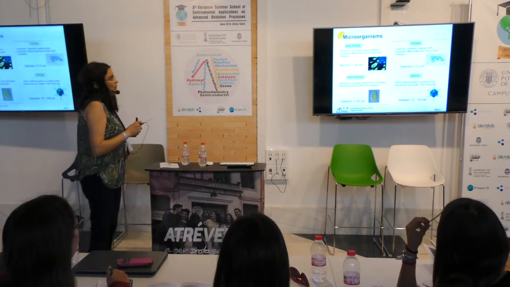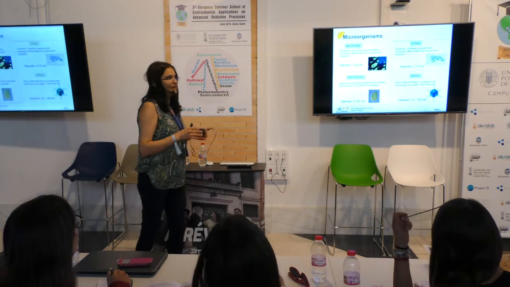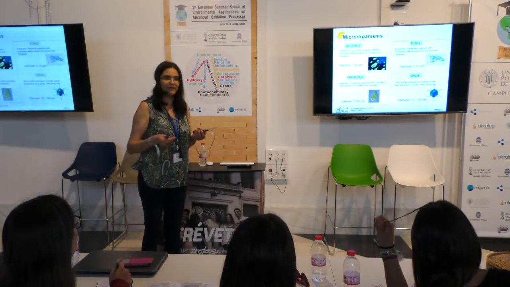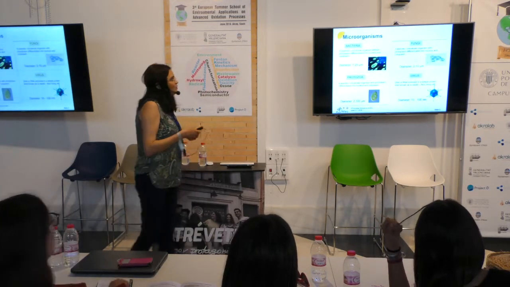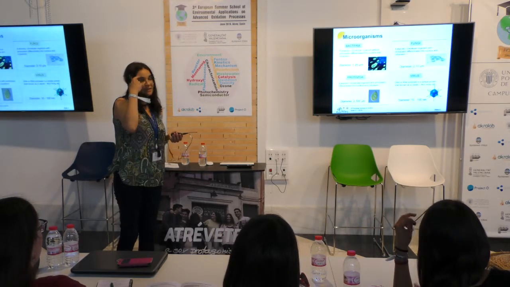When we speak about microorganisms, as I told you before, we have 4 main groups into which they are divided, because they have different structures and different life cycles. The most popular is bacteria. They are prokaryotic cells.